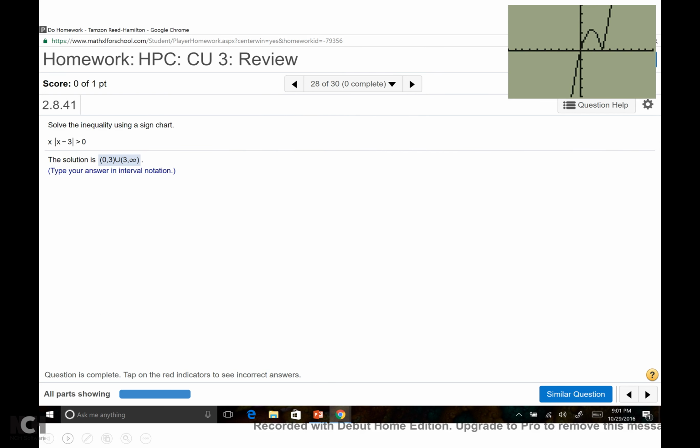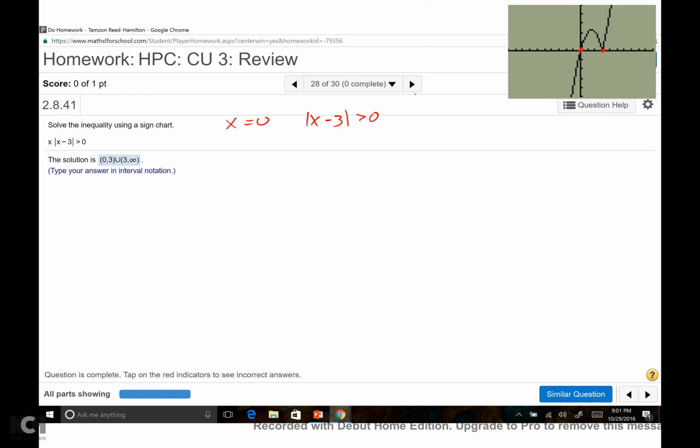It says solve the inequality using a sign chart. So if I solve this thing, I'm going to type it in the graphing calculator. What you can do is see that at 0 and at 3 you get your zeros, because if I set those factors to 0, I get x equals 0.